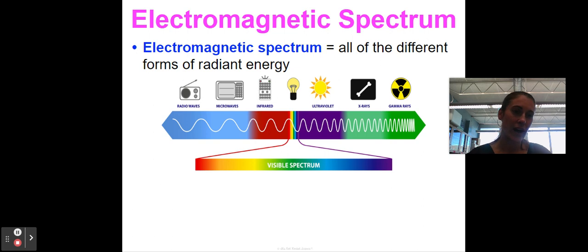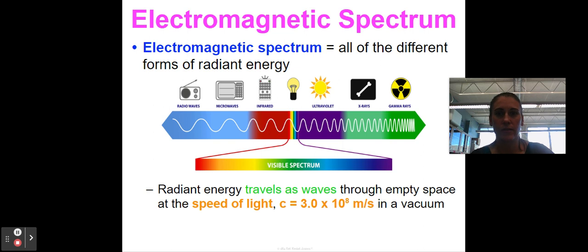Violet, right next to UV, is very high energy, high frequency, short wavelength. So the EMR, or electromagnetic spectrum, is all of the different forms of radiant energy. Whether we can see it or not, it exists, and this is encompassing all of that.